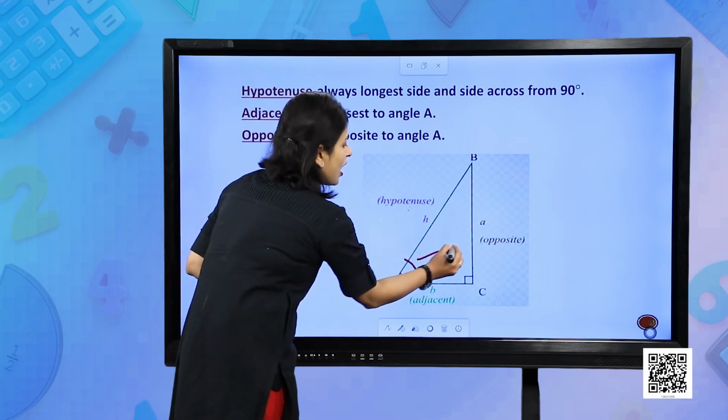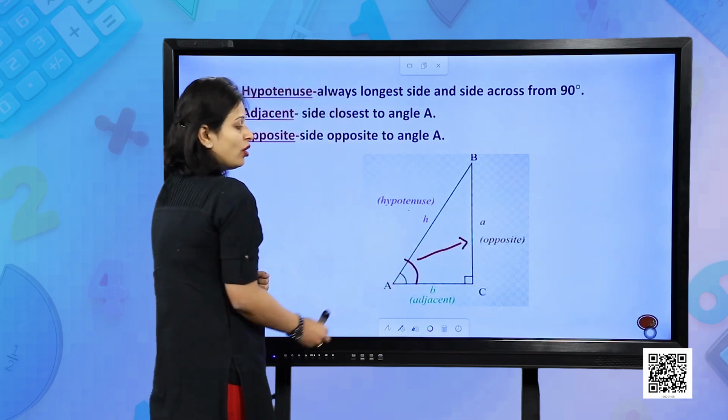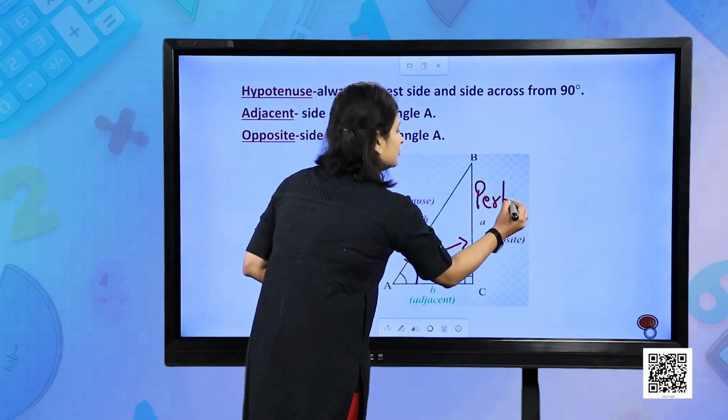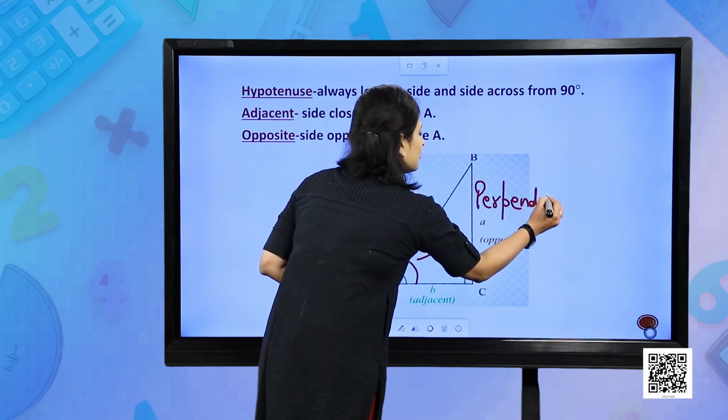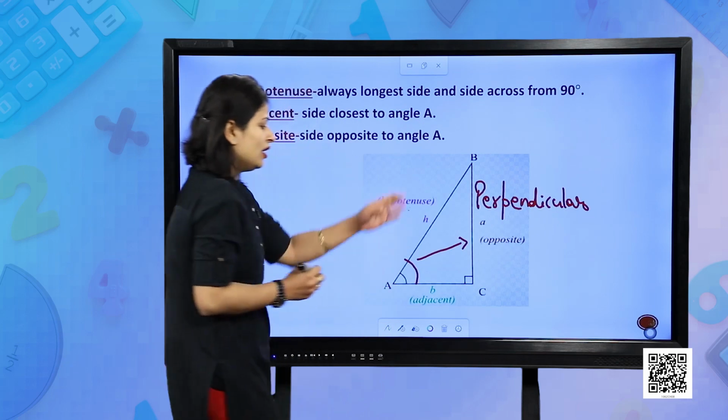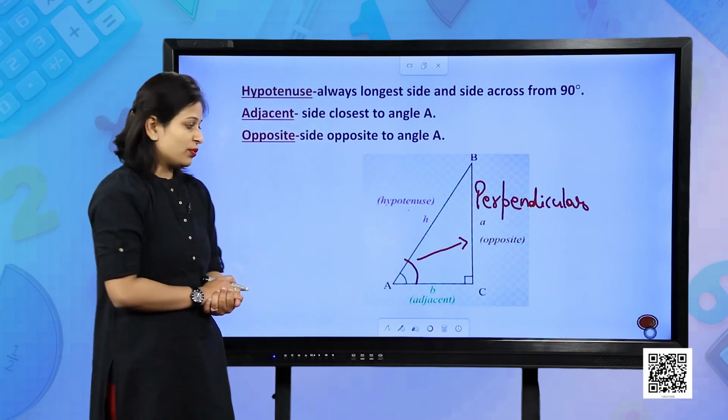This will be opposite to angle A, or we can say this is called a perpendicular, or you can also say BC is the altitude.